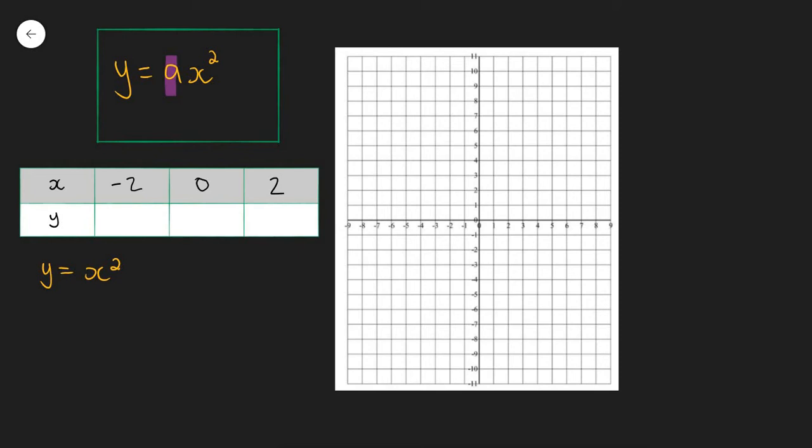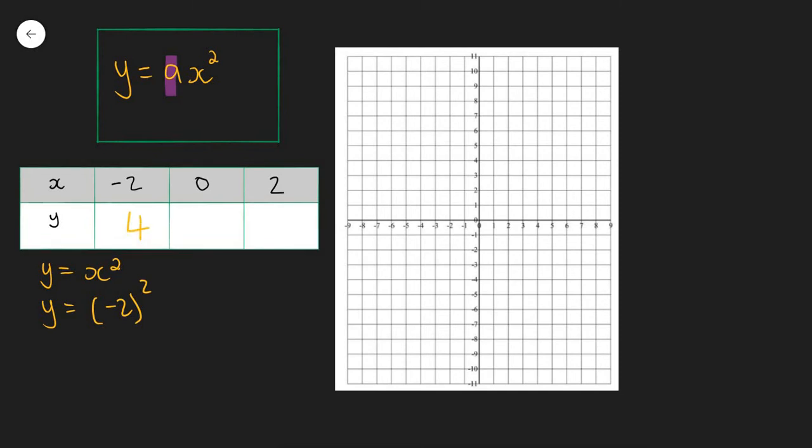So let's see. If I now say -2, y equals -2 squared, that is going to be 4. Y equals 0 squared will be 0. And y equals 2 squared will be 4. So when I start drawing this, it's going to be -2 for my x and 4 for my y.